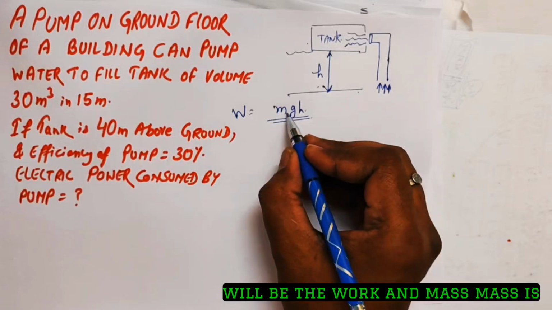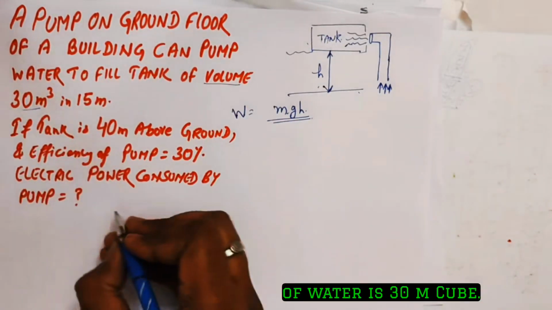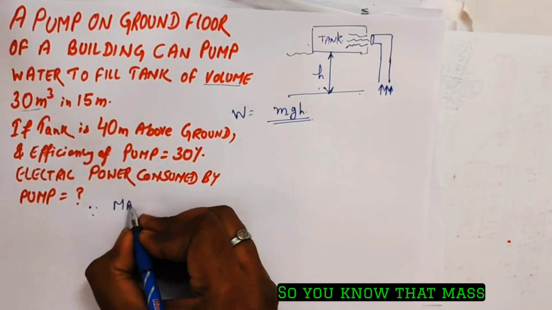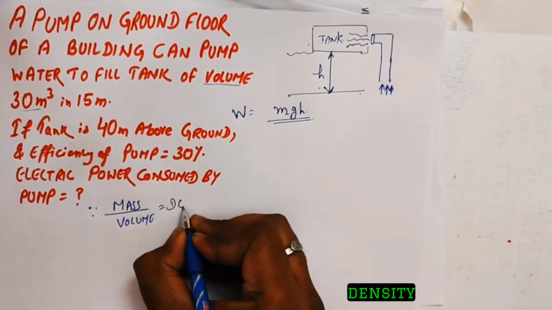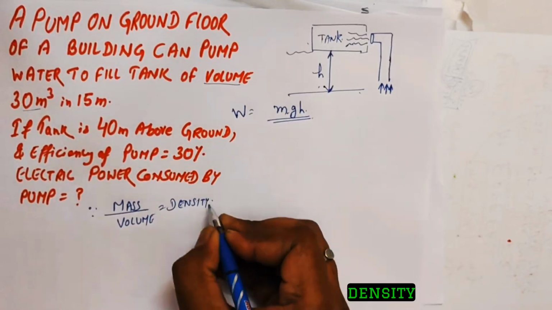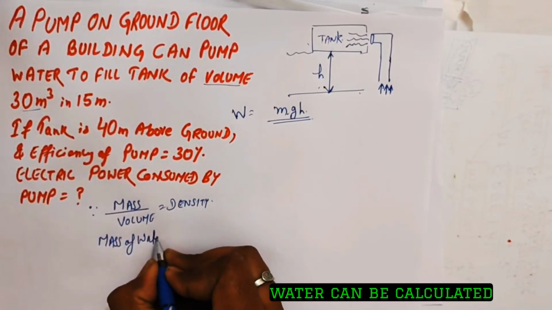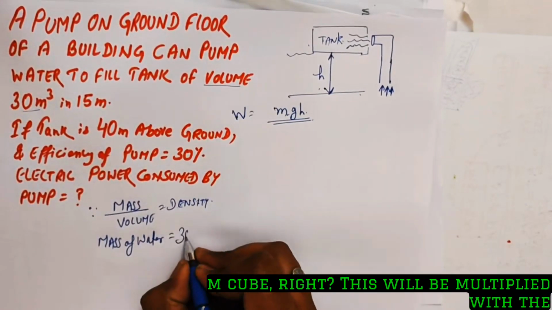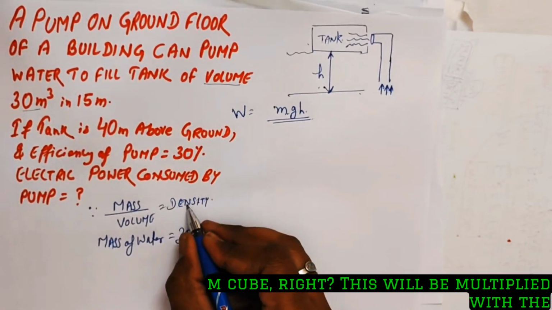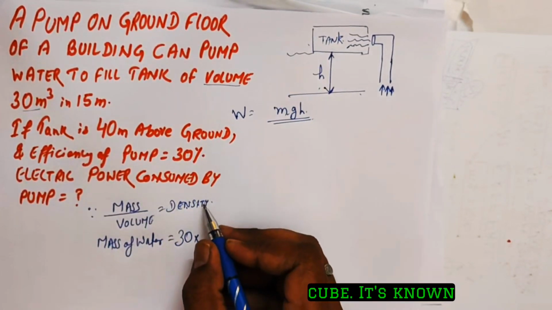And mass is not known to you. You are given the volume of water, 30 meter cube, and you know that mass by volume is the density, right? So mass of water can be calculated by density into volume. Volume is 30 meter cube, multiplied with the density, and density of water is 1000 kg per meter cube.